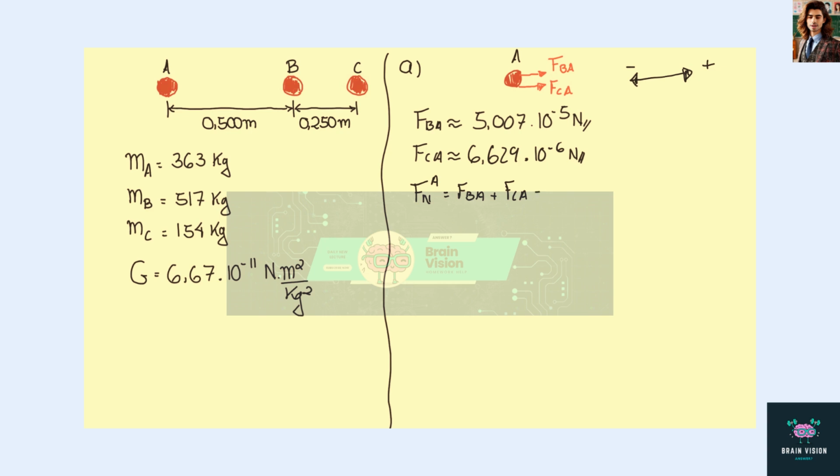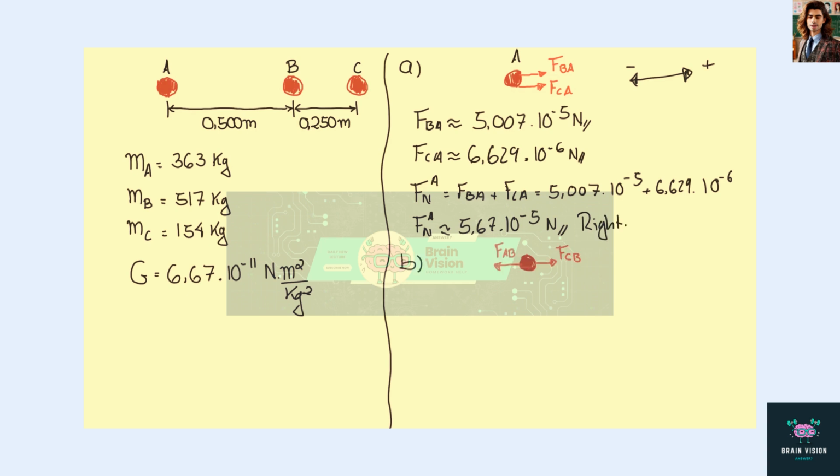And this is equal to 5.007 times 10 to minus 5 plus 6.629 times 10 to minus 6. And this gives us a net force of approximately 5.67 times 10 to minus 5 newtons, and it's pointing to the right.